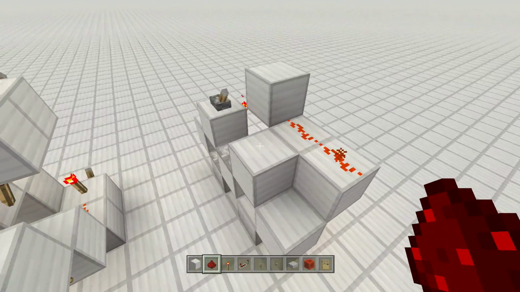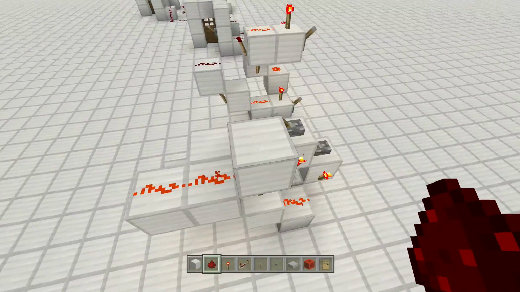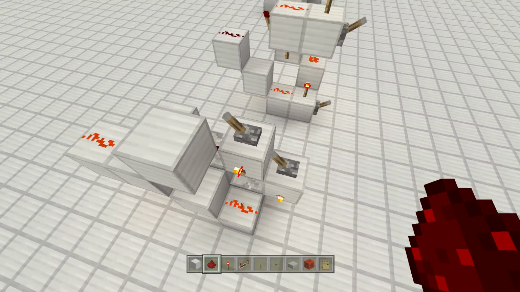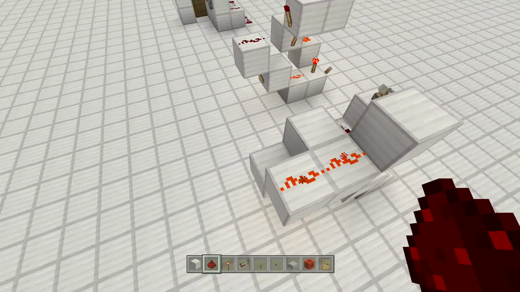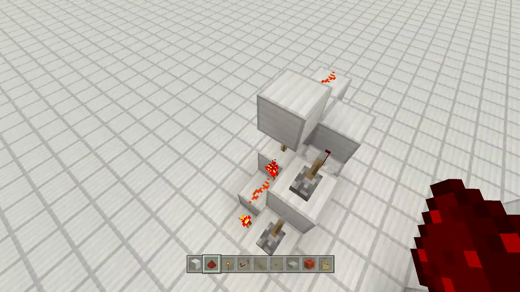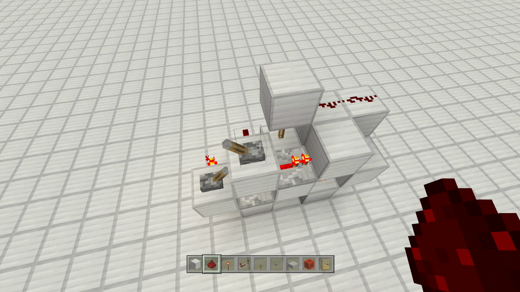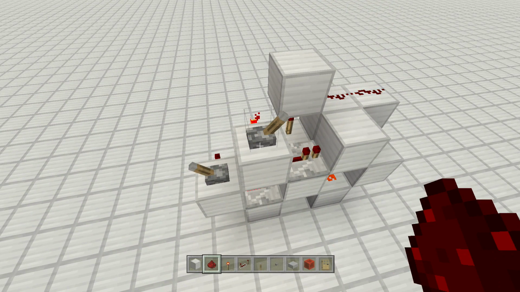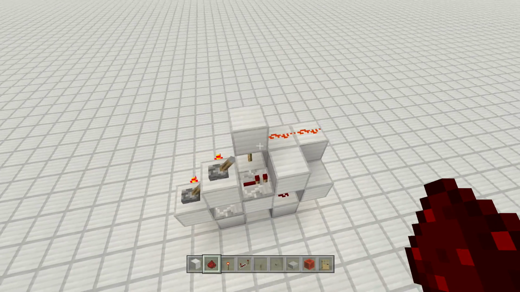And this would be overriding. This is an XOR, but as you guys see, the output is on even though both inputs are off. So what is this? It acts exactly like an XOR. If I have one input, then it's off. Both inputs, it's on. The other one, it's off. Both, it's on.